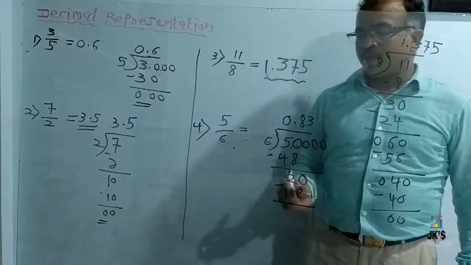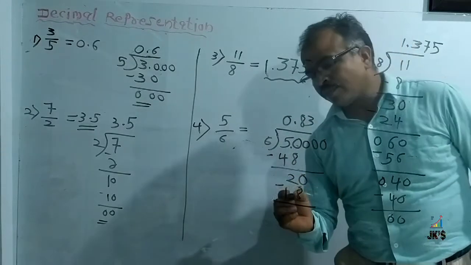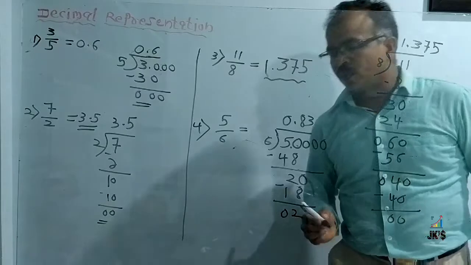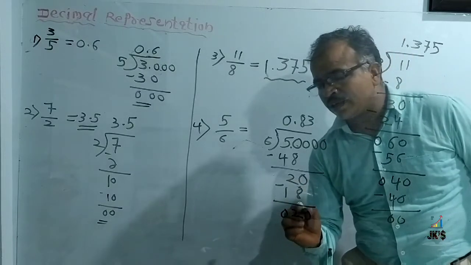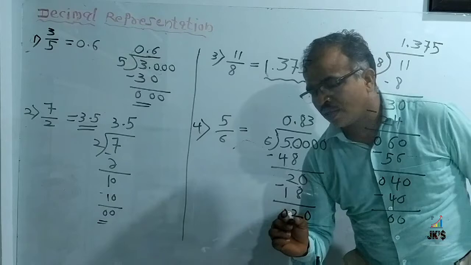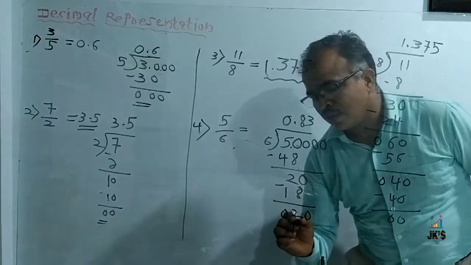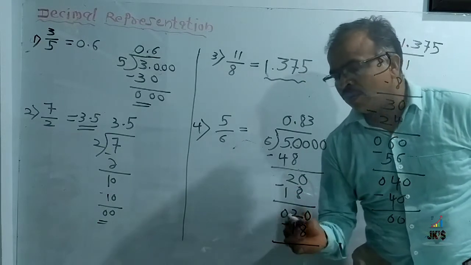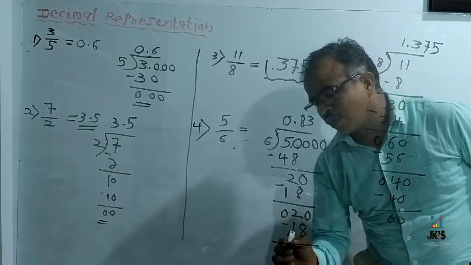20 minus 18 is 2. Again we take another 0. 20. 6 threes are 18. 20 minus 18, again 2.